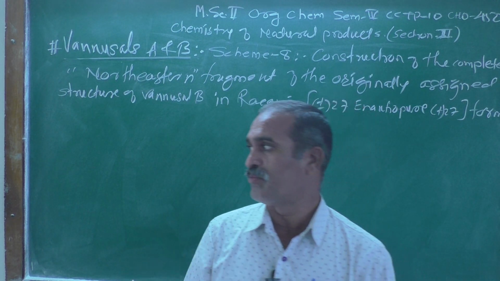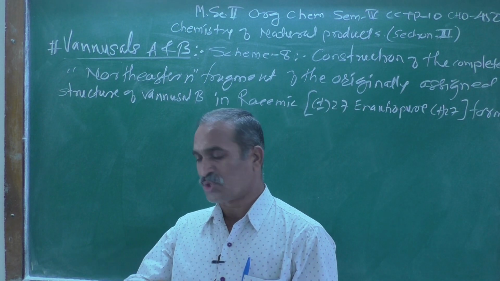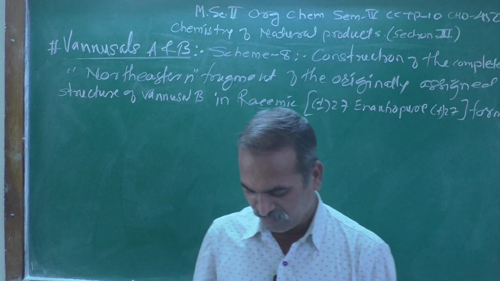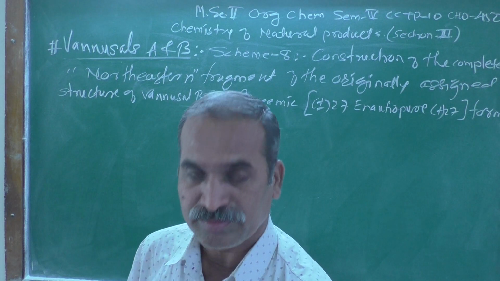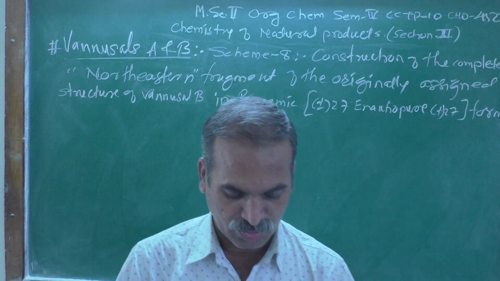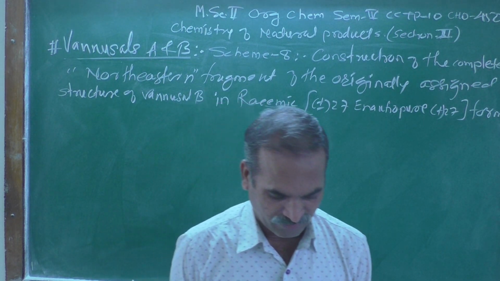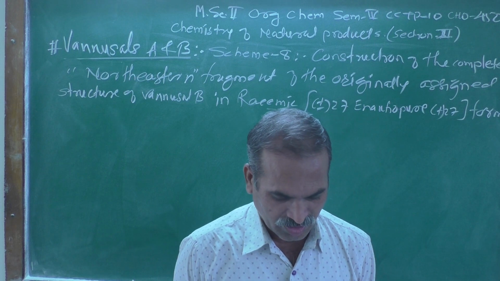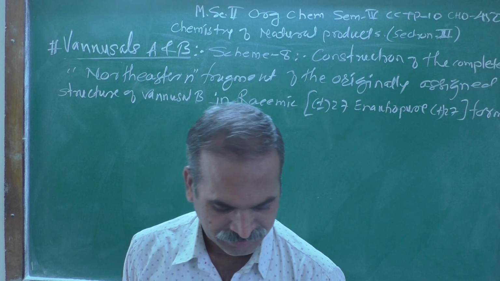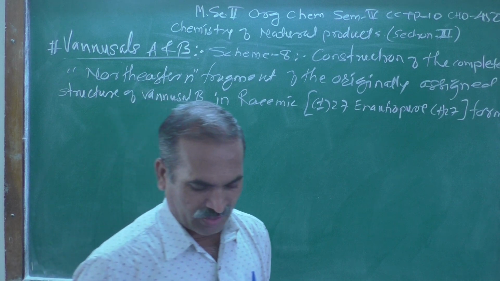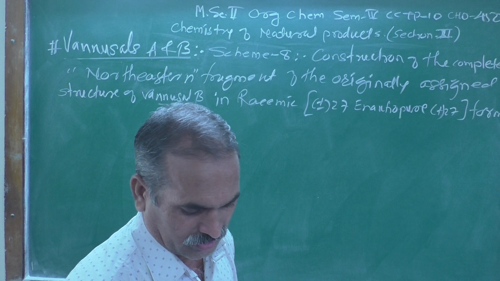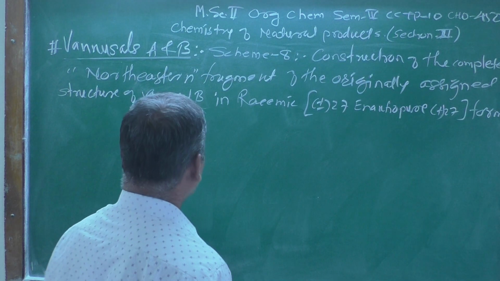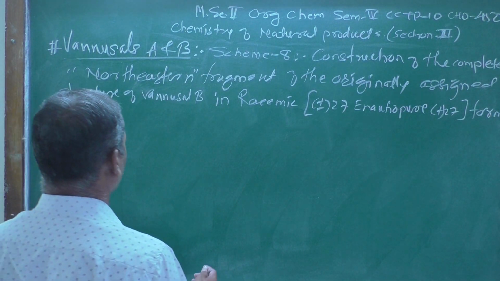As we know, racemic means a mixture of dextro and levo rotatory forms; that type of compound or molecule is known as racemic form. Now, let us begin with the ring which we are discussing.